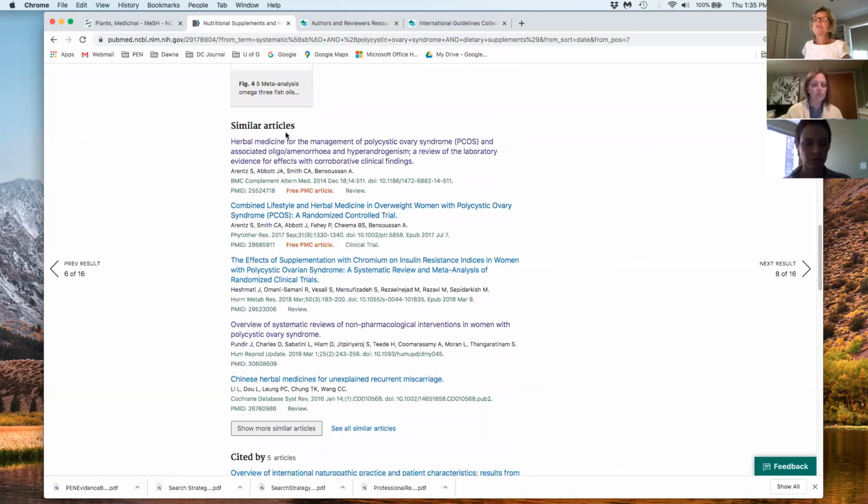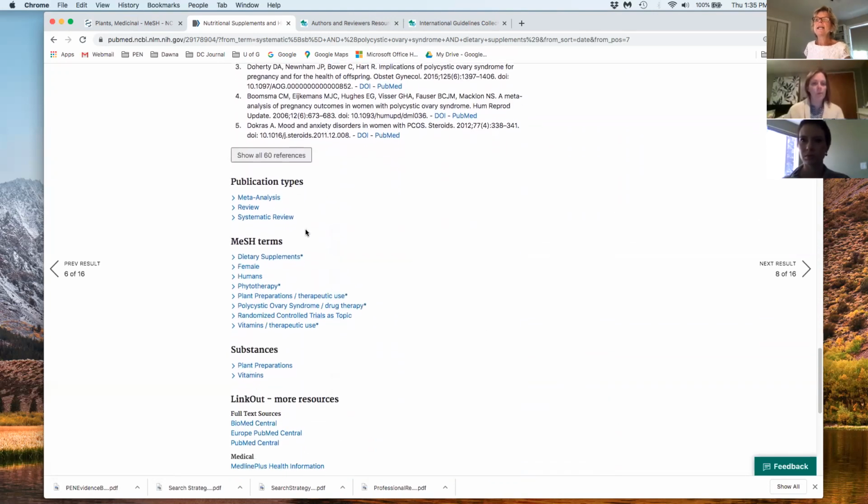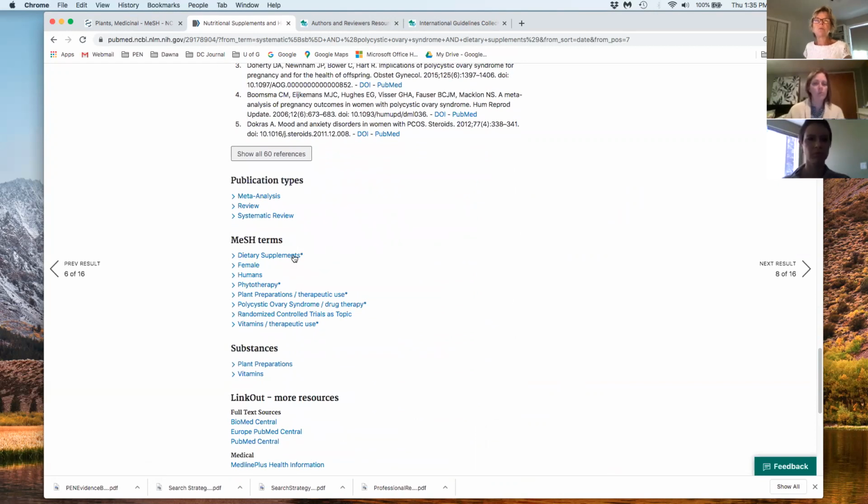So similar articles can sometimes help to find what might have been published on the topic. And then let's look at the MeSH terms that were used for this one. So dietary supplements were used. Phytotherapy, perhaps not so relevant. Plant preparations. Polycystic ovary syndrome was used, and they used vitamins as well.